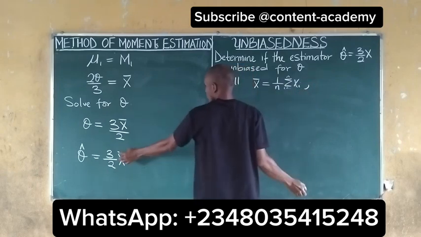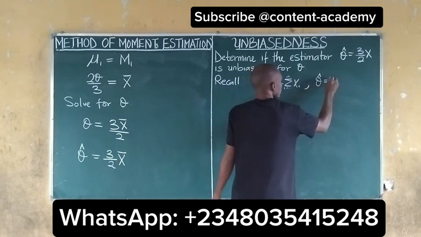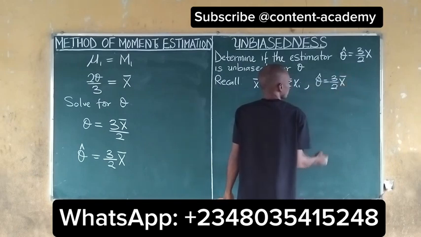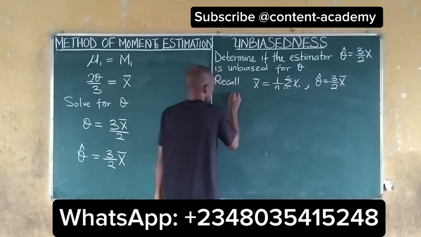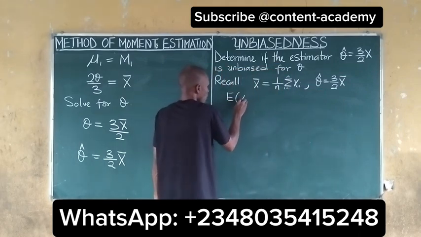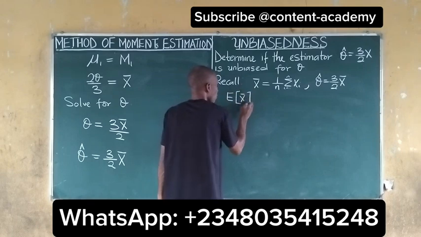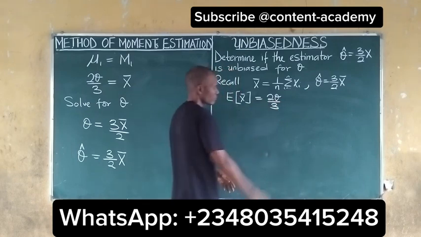And we should also note that the value we got for our theta estimate is 3 all over 2 x bar. We also note that what we got for the expected value of x bar is 2 theta all over 3.